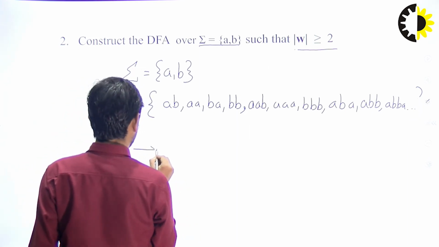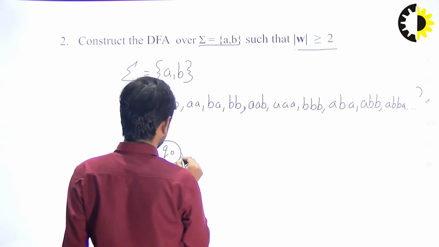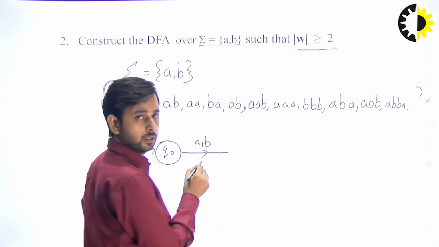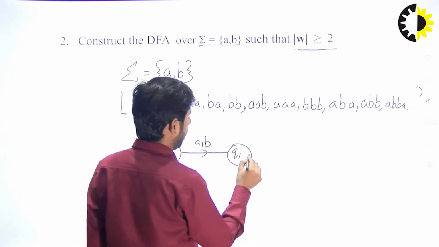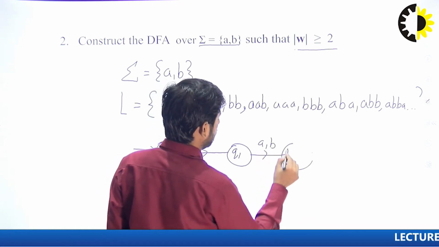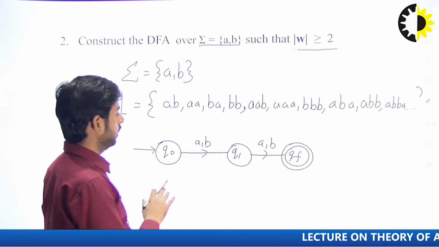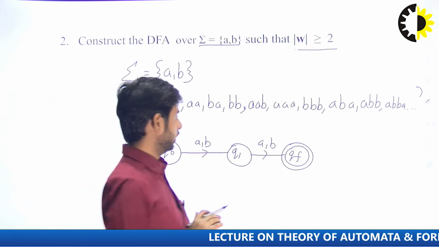So there is some initial state Q0. On input A and B it goes to state Q1. On input A and B it goes to state QF, the final state. Now till now it will accept the string of length 2 only.